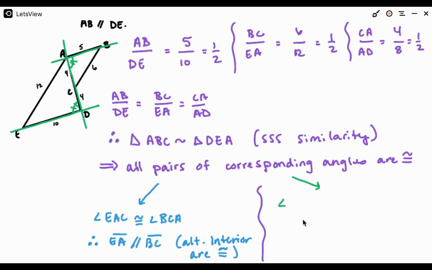So we know that angle EDA is congruent to angle BAC because those are corresponding angles of similar triangles. And therefore we can conclude that BA is parallel to ED, again because alternate interior angles are congruent.